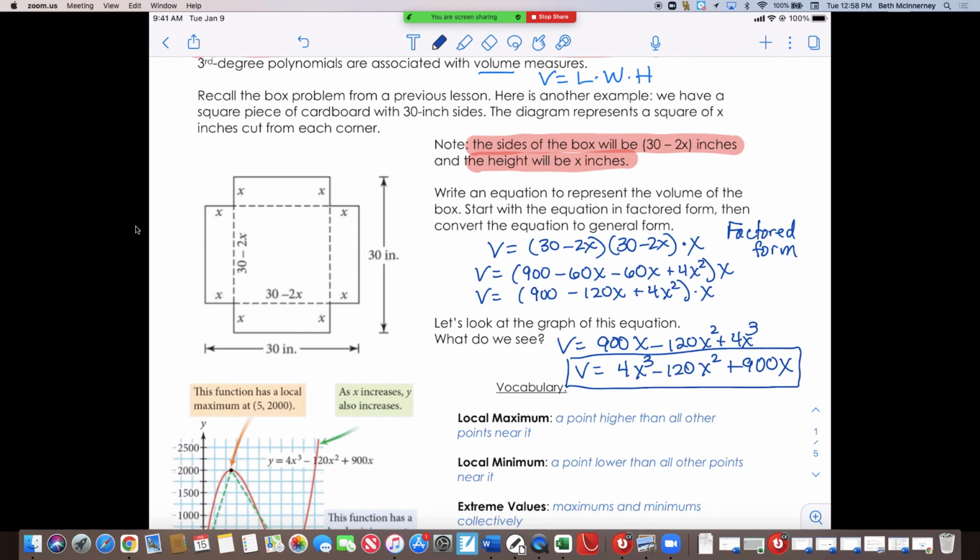So all I did is I FOILed 30 minus 2x times 30 minus 2x. I got 900 minus 60x minus 60x plus 4x squared. I collected my like terms and got 900 minus 120x plus 4x squared. And then I multiplied that by x.